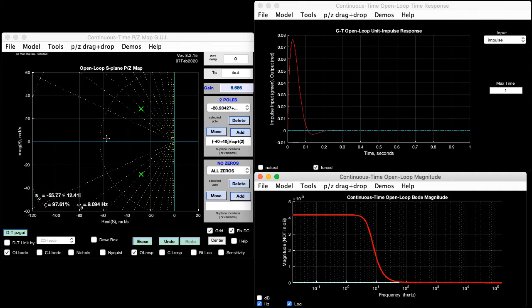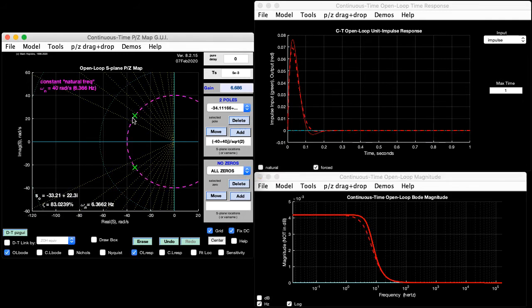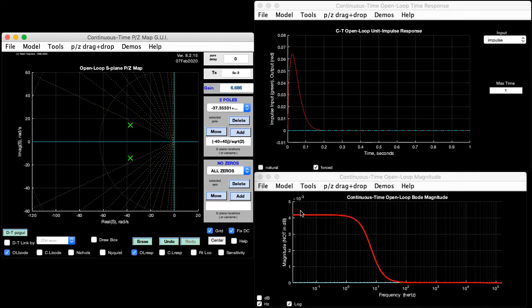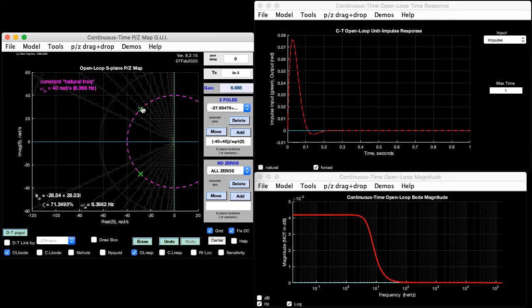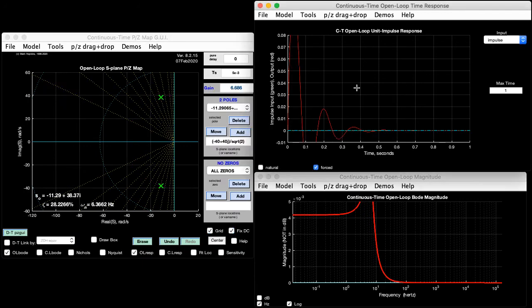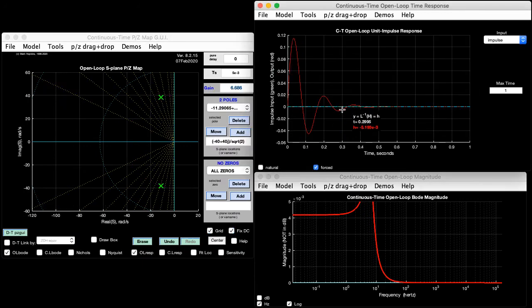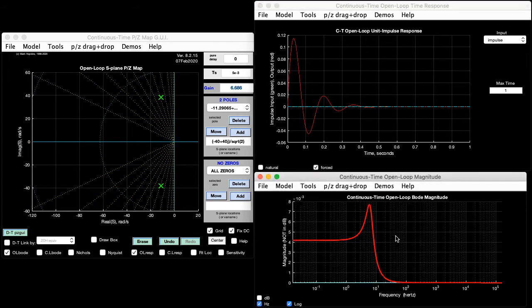There's this zone from zeta equals around 0.707 to 1, where you do get oscillations in the time domain, but you don't get any peaking behavior in the frequency domain. And then I have this zone where zeta is less than 0.707, less than 1 over square root of 2, where I continue to have oscillations in the time domain, and those are even more evident, but I now also get this peaking behavior in the frequency domain.